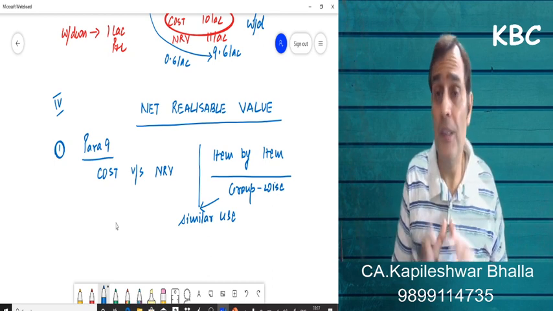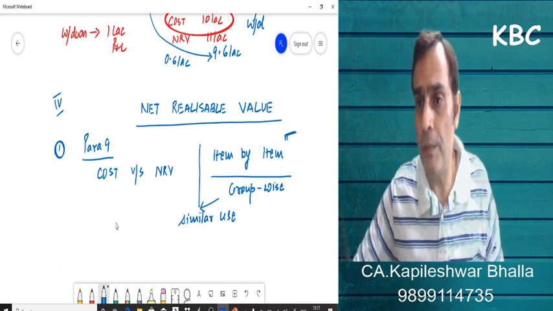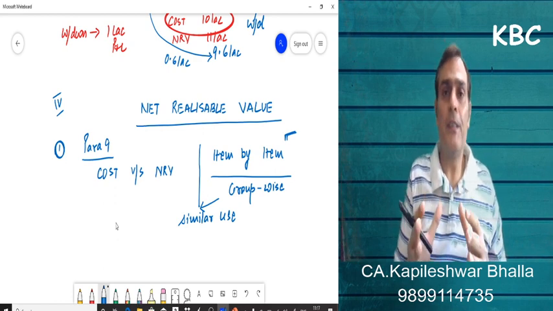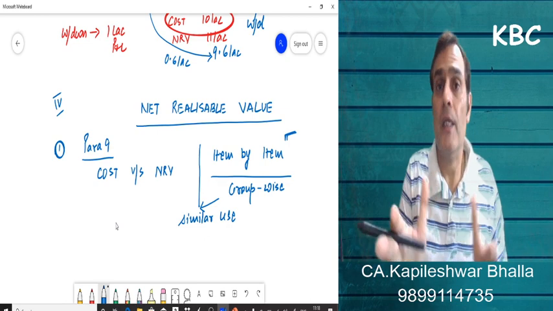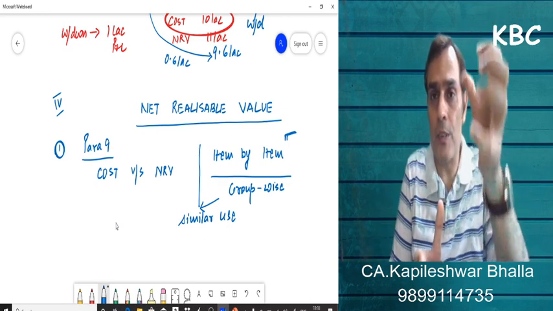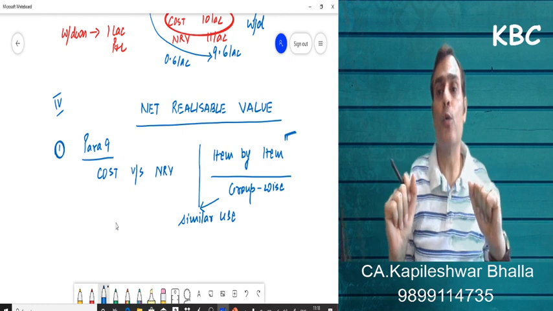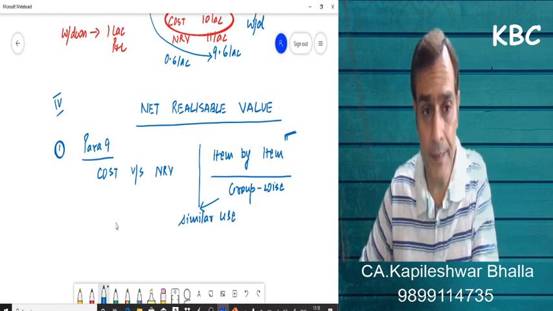Then you can do grouping. So generally, the comparison has to be on an item by item basis. But if the examiner gives us information that these items are similar in use, then you can make a group of all those items, get the cost of all those items put together, get the NRV of all the items put together, compare the total cost and the total NRV. That's one.